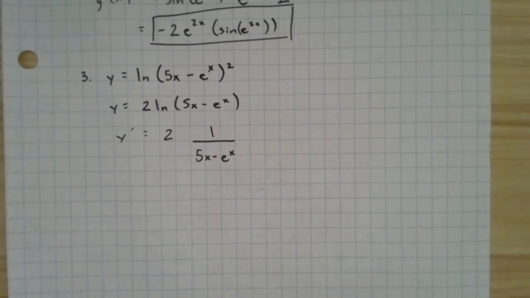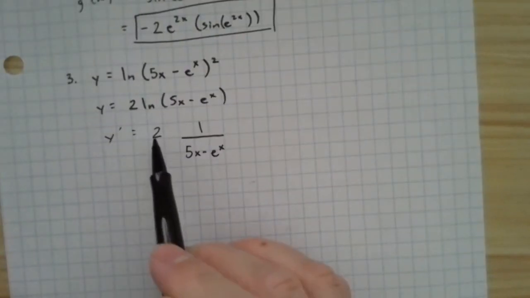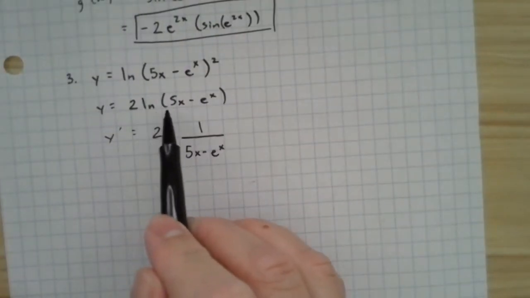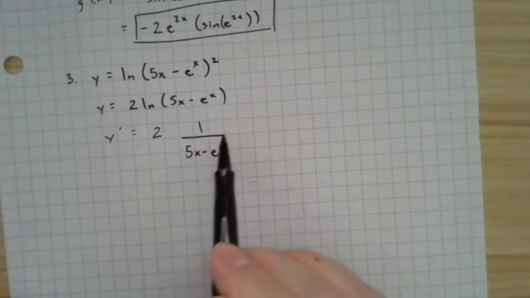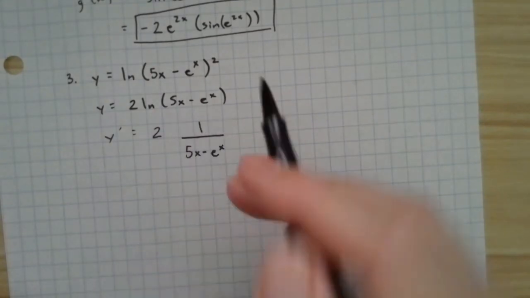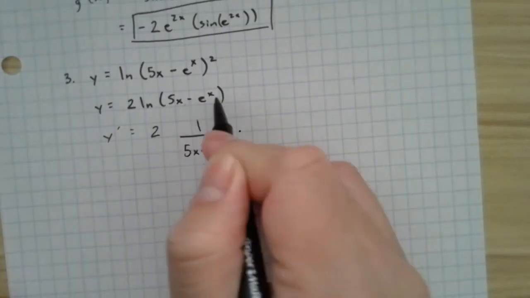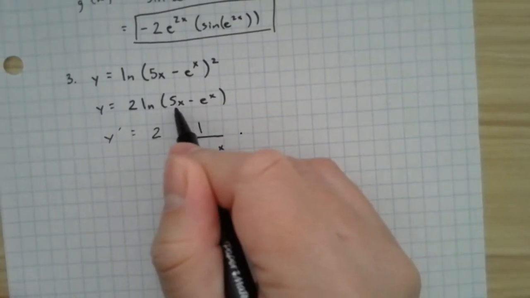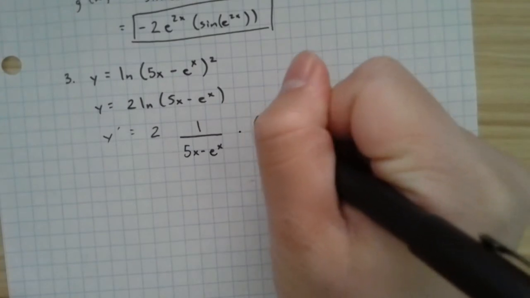So where I was, you got 2 there, and then the derivative of ln x is 1 over x times x prime. So then the derivative of the inside of the function. What's the derivative of inside? Well, these are just 2 terms being subtracted. The derivative of 5x is 5.